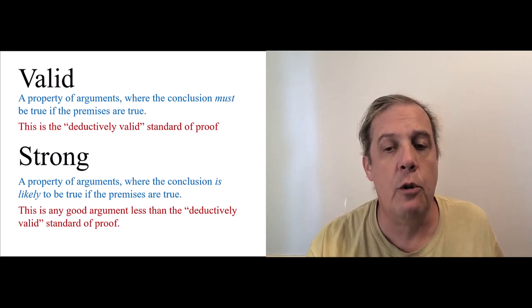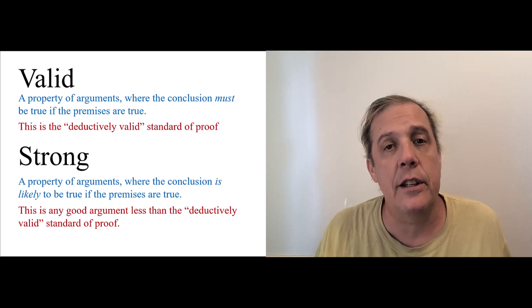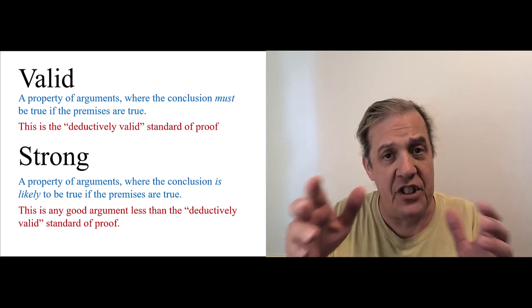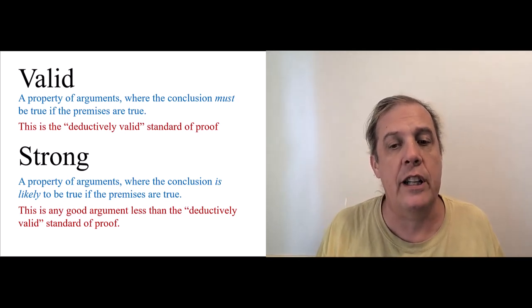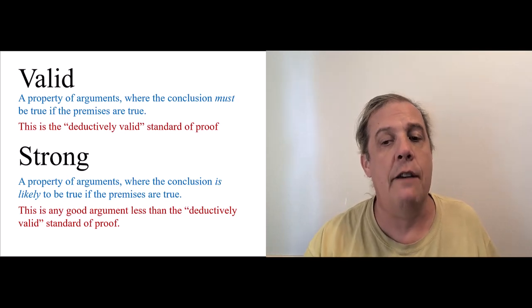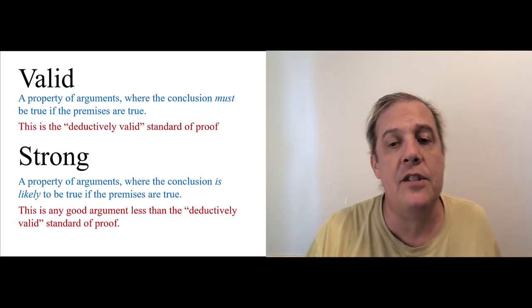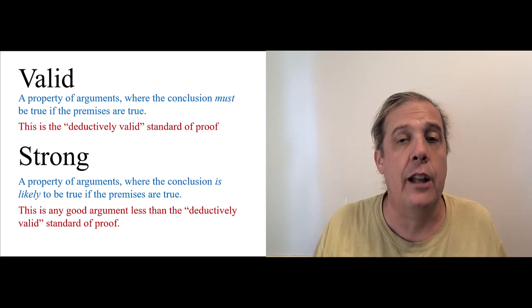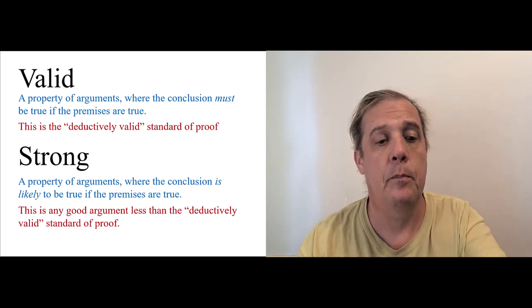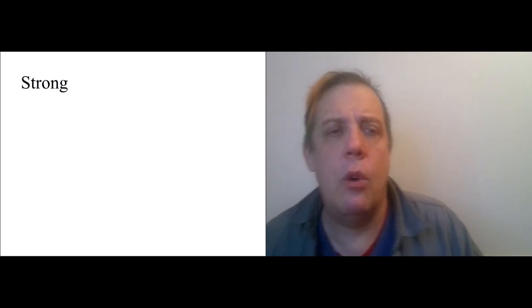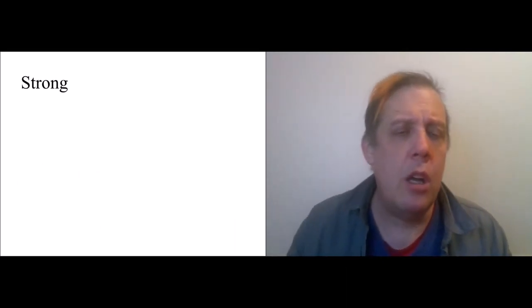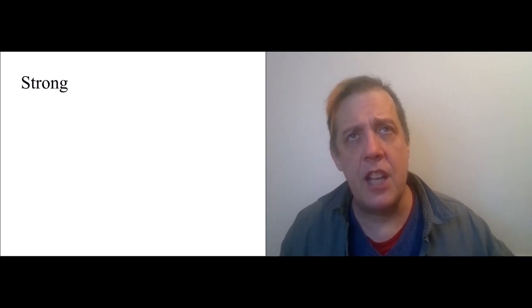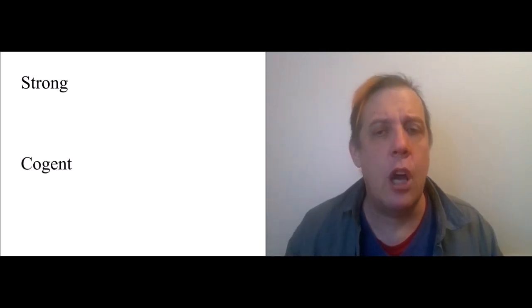We will return to the question of how good an argument needs to be as far as its inference goes before it is called strong after we finish talking about the basic idea of strength, run through a few examples, and look at the homework. So an argument can be strong. We now have three terms: valid, sound, strong, and then we want to introduce another word, cogent.